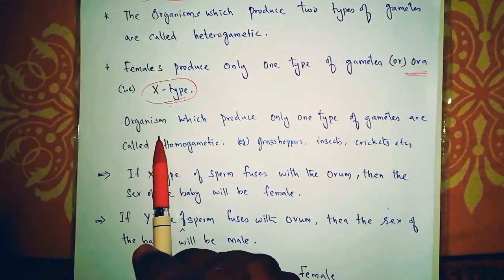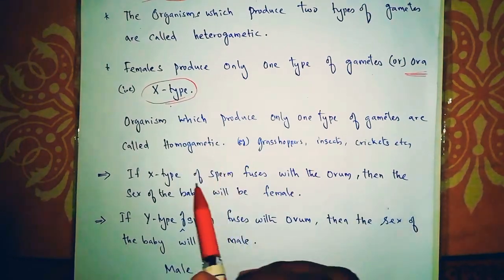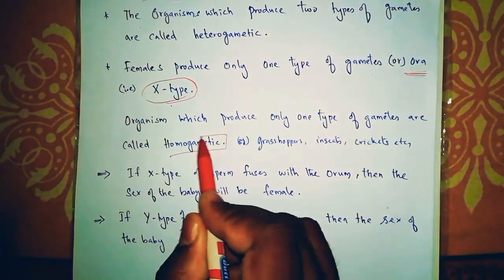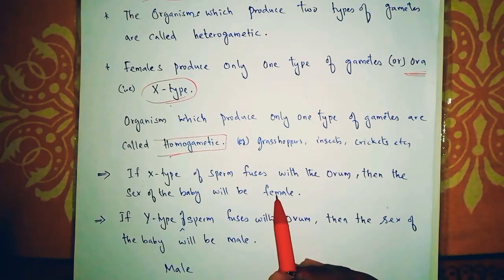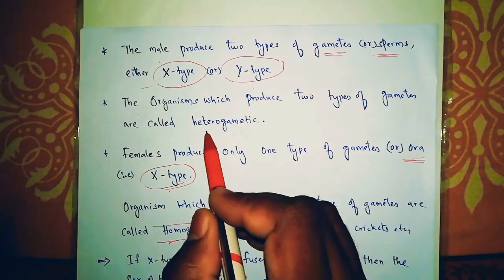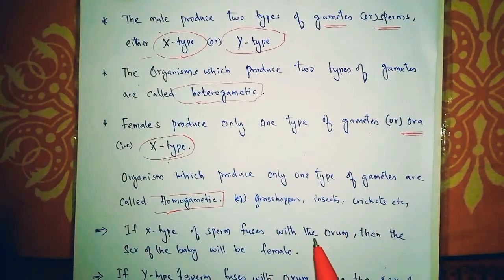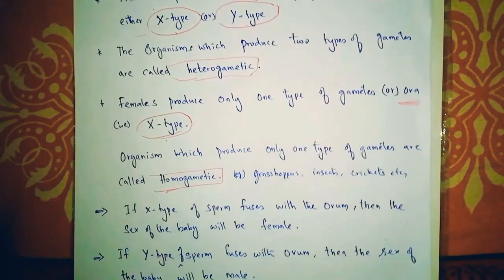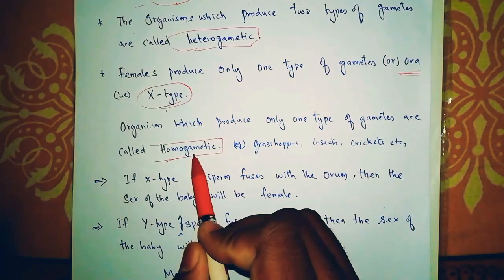So organisms which produce only one type of gametes are called homogametic. They cannot produce both, they produce only one. As you see, the male produces two types and is called heterogametic, because they produce both X as well as Y. But some organisms produce only one single type of gamete, and that is called homogametic.